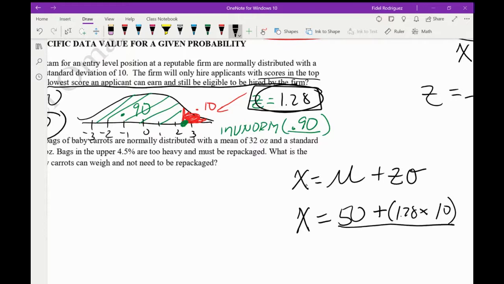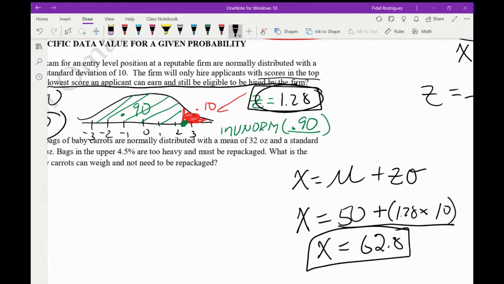This is exactly how I'm going to type it in on the calculator: 50 plus parentheses 1.28 times 10. And I'm coming up with something like 62.8.